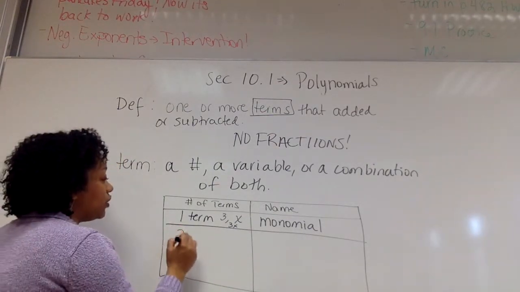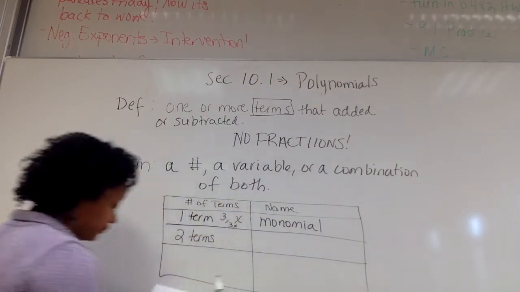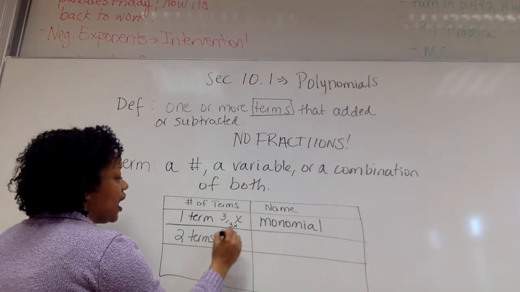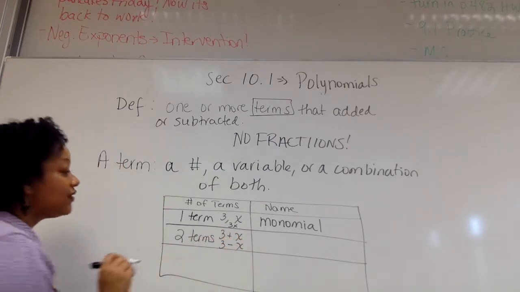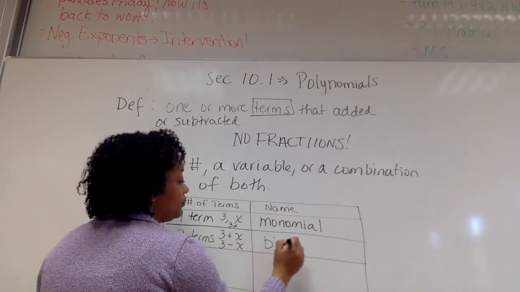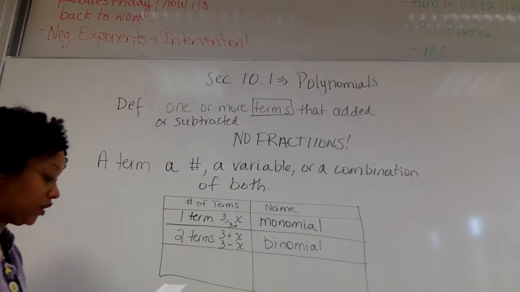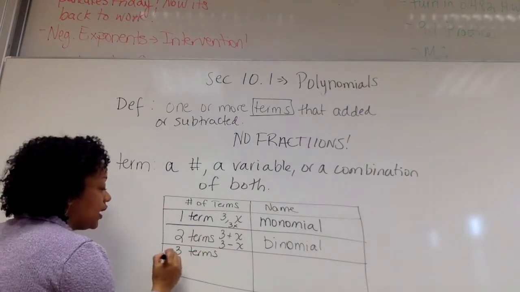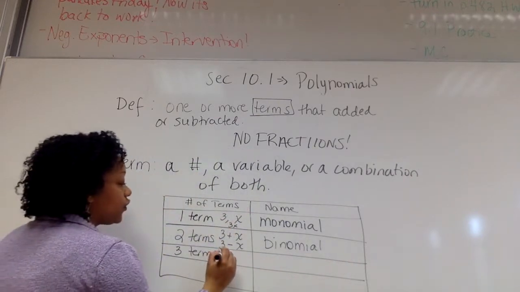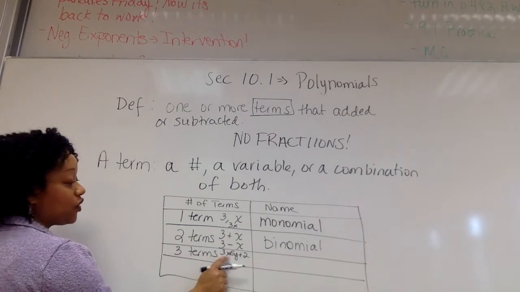If you have two terms, and those two terms would be separated by a positive or a subtraction sign, that's called a binomial. Okay, so two terms, binomial. 3 terms, so that could be 3x plus 5y plus 2, because you have 3 terms there.